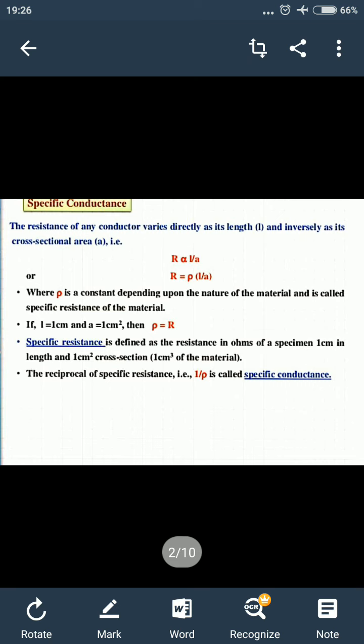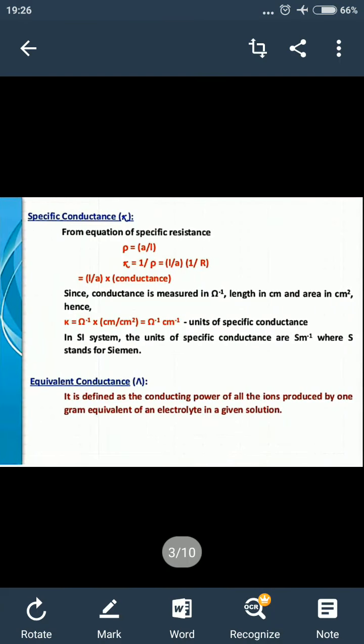The reciprocal of specific resistance, that is 1 upon rho, is called specific conductance. What is specific conductance? The reciprocal of specific resistance.